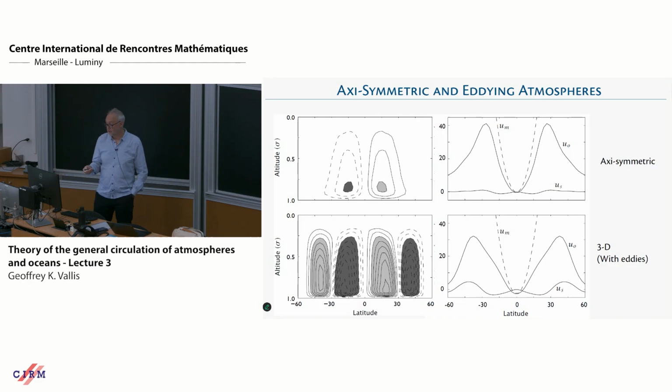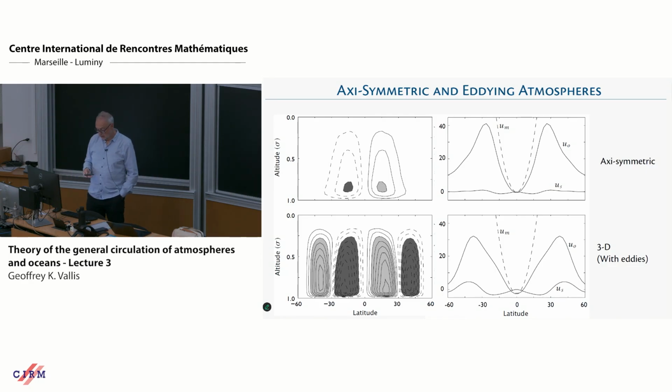It increases very rapidly. Once we do a more realistic three-dimensional simulation, you get this pattern, in which case the wind is no longer angular momentum conserving. It's much smaller, and that's because the eddies, as we will see, have transported momentum away from the tropics into mid-latitudes.